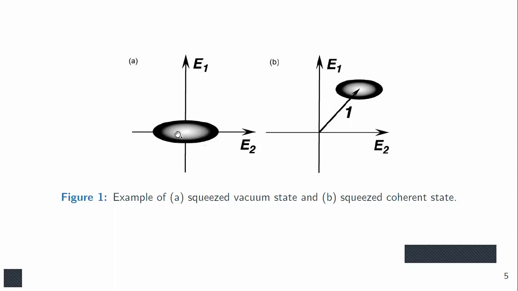On the other hand, the squeezed coherent state is displaced by a displacement alpha, and it also has less uncertainty in the E1 quadrature at the expense of increased uncertainty in the E2 quadrature. This is the difference between these two states: although they are both squeezed states, they have different properties because they have different positions in phase space.